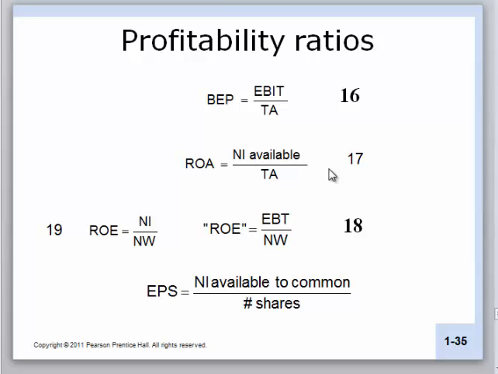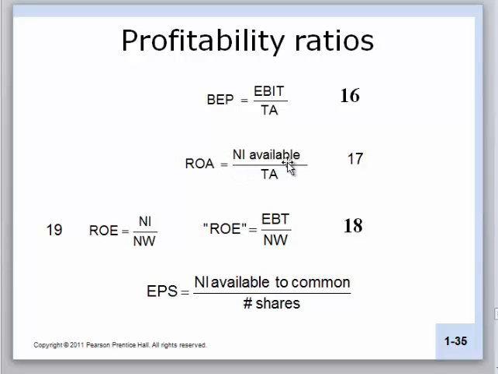The next set of ratios reflect balance sheet profitability. How much profit is generated relative to some balance sheet numbers. One of the first numbers I want to talk about is something called basic earning power. This isn't in your textbook, but quite frankly, I think it's probably a more usable number than ROA, which is in your textbook, which is return on assets or return on investment. The reason for this is leverage, right?